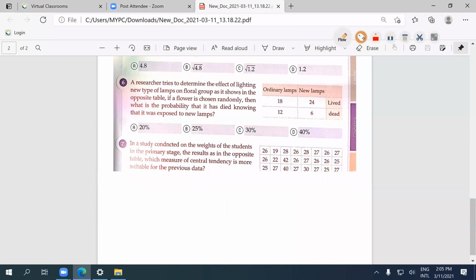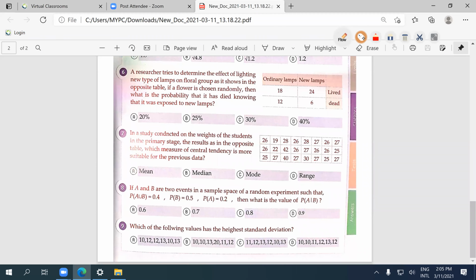We're going to number 7. In a study conducted on weights of the students in the primary stage, the result is the opposite table. Which measure of central tendency is more suitable for the previous data?